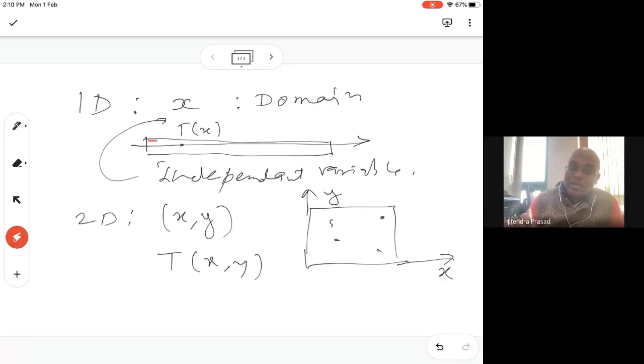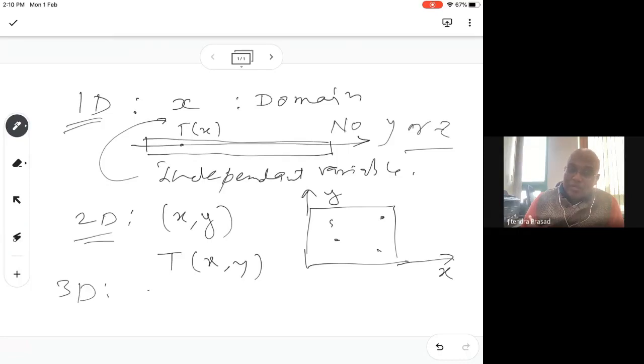But here, your domain itself is 1D only. There is no Y or Z. So this is a 1D. 2D has both X and Y, so your temperature will vary with X and Y, meaning it will be different here, different here, different here, depending on X, Y. Similarly, 3D will have these coordinates.